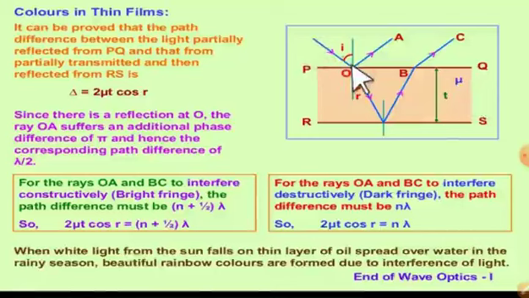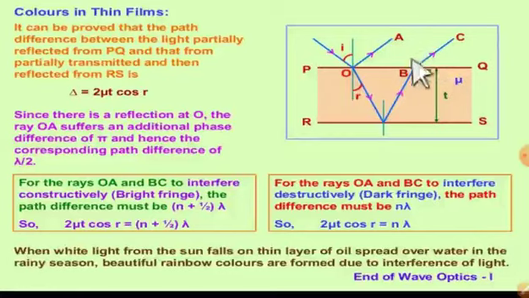The light ray incident on it will be reflected from the first upper surface, and it may be refracted into the lower portion of the oil also. These two have a path difference, and since the reflected light and the refracted light come from the same source, they may give an interference pattern. And you will see colorful colors.